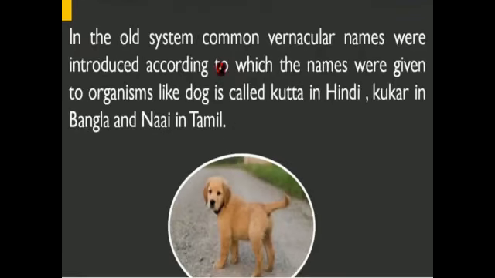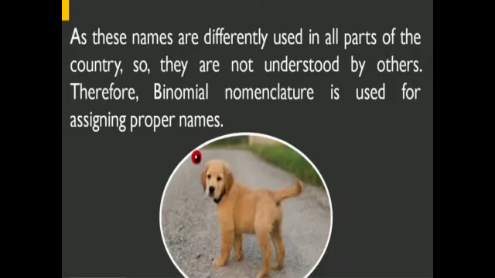In the old system, common vernacular names were used to name organisms, like dog is called kutta in Hindi, kukur in Bangla, and nai in Tamil. So many names are there for dogs.